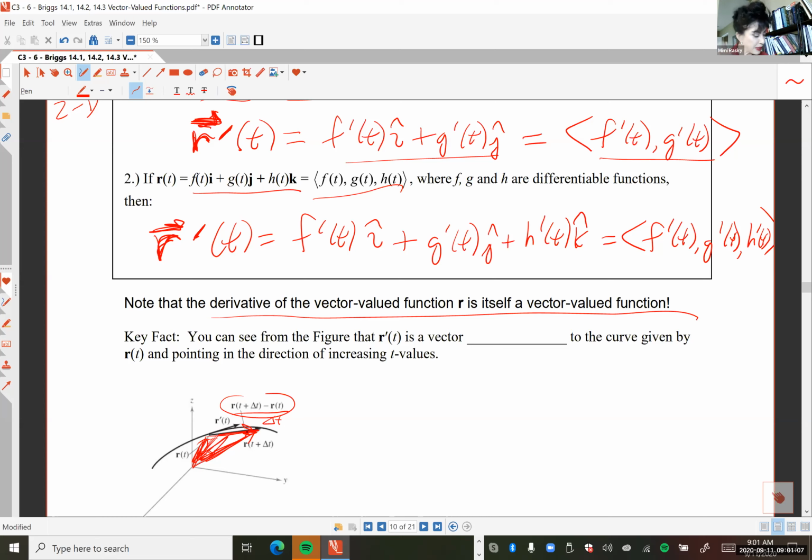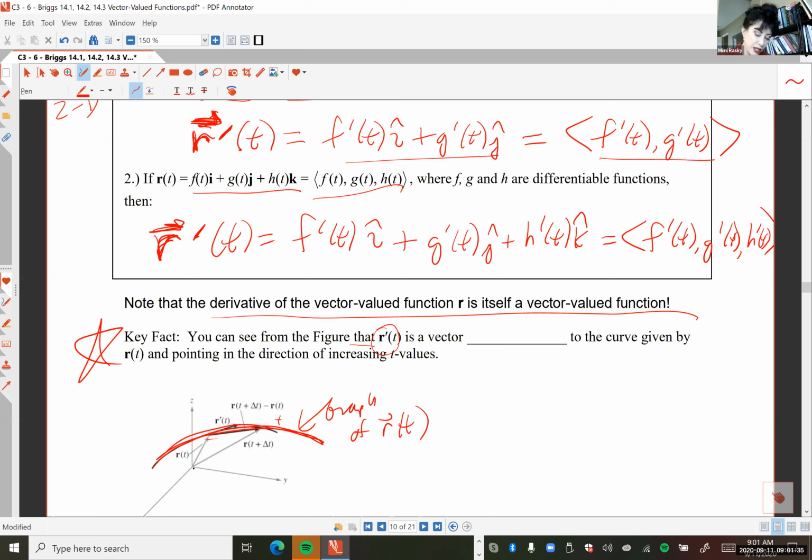So what do you end up getting? Visually speaking, and if you don't get this key fact, you're going to be totally hurting for basically the rest of the semester. So I want you to get this pictorially speaking. R prime, you see this, here's your curve right here. This is the graph of the vector valued function, not the derivative, the original vector valued function.